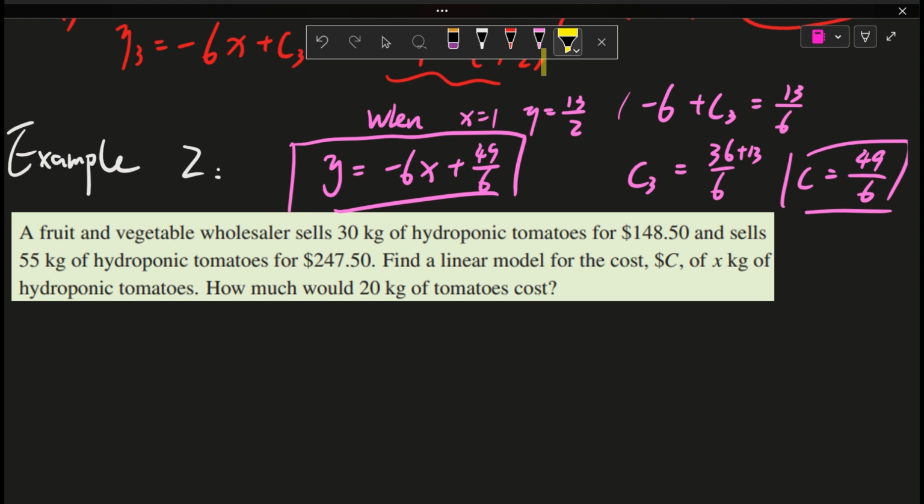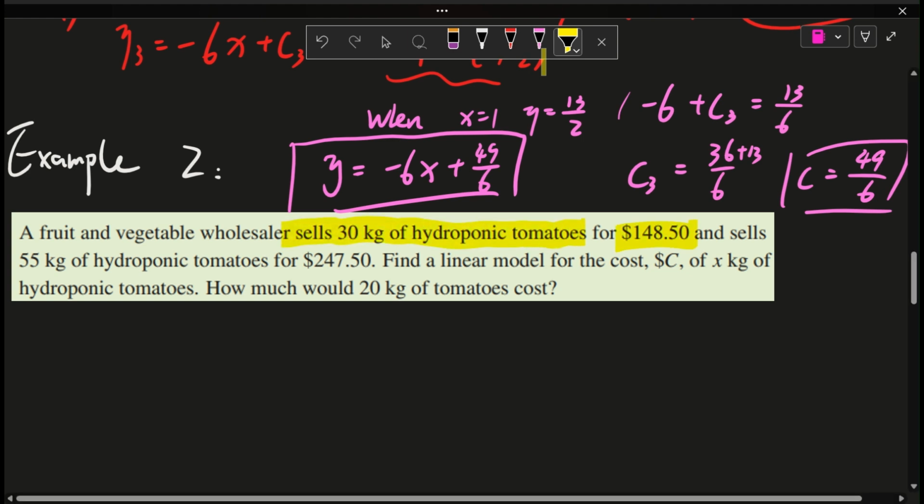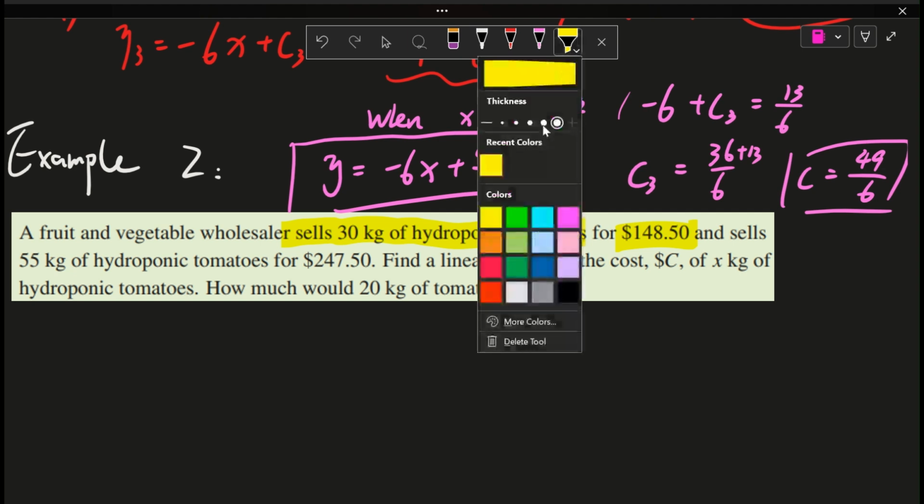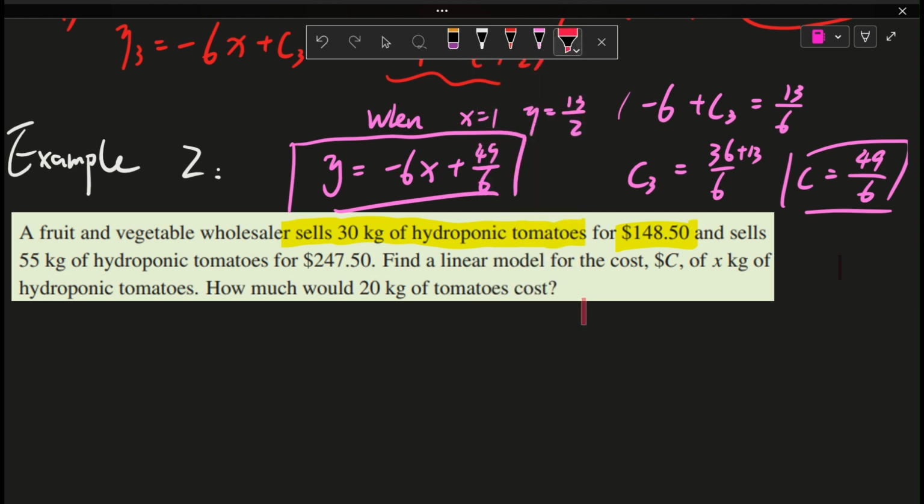All right. So 30 kg is $148.5, and 55 is $247.5. We know these two things. And then the cost is C for x kilograms, and the wholesaler would sell 20 kg for the cost.